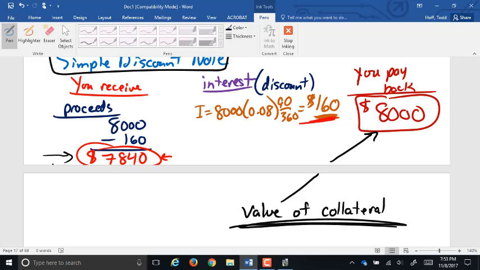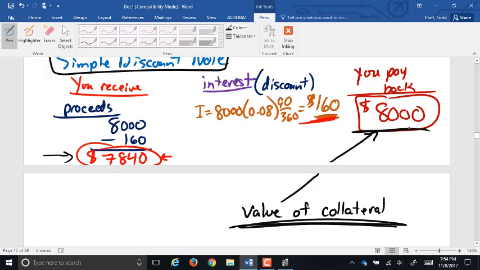Now, most of the time, this would be if you go in and sign your car title loan or something like that. Normally, they're not going to give you full Blue Book value, they're going to give you like 70 or 80% of Blue Book value, and then they're going to discount that amount just to be safe. Most of the time, the collateral is money you've got coming in from something else.